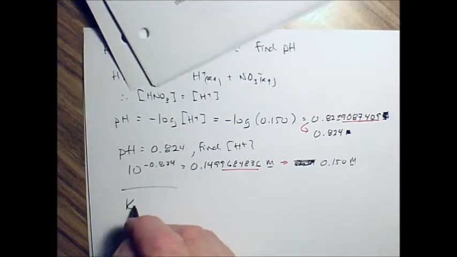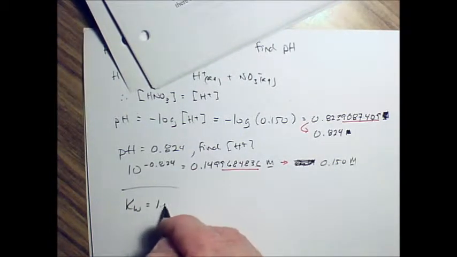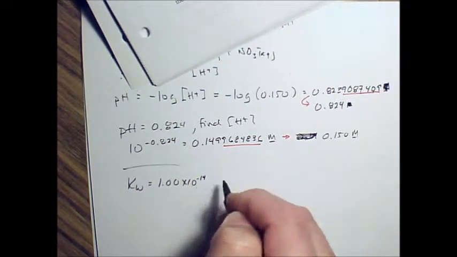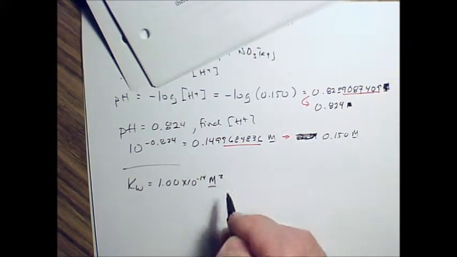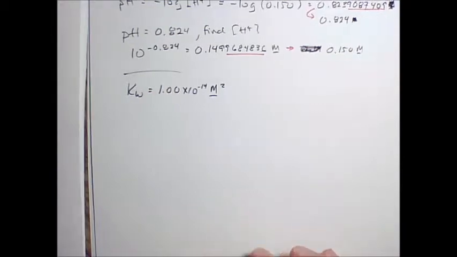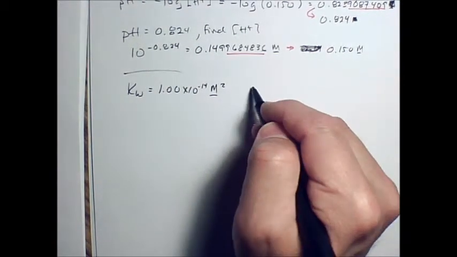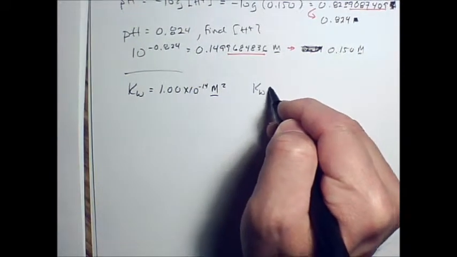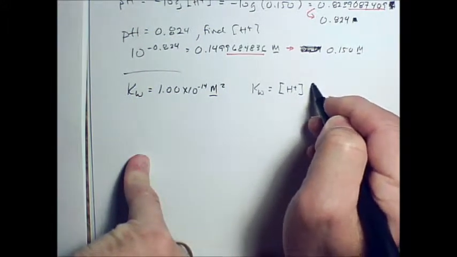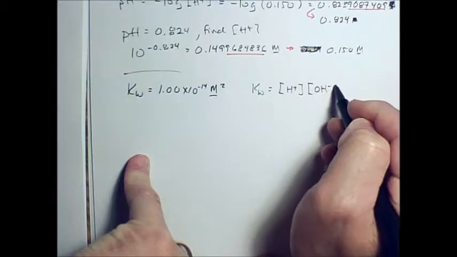That number actually has a value of 1.00 times 10 to the negative 14 molar squared. That's the value of KW. And KW is equal to the hydrogen ion concentration multiplied by the hydroxide ion concentration.